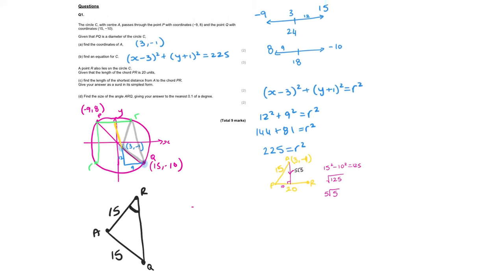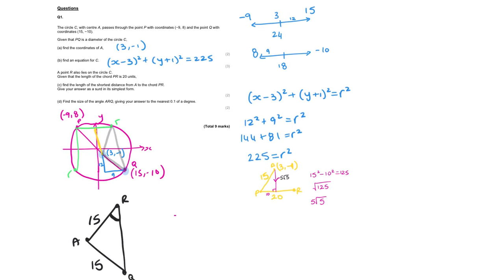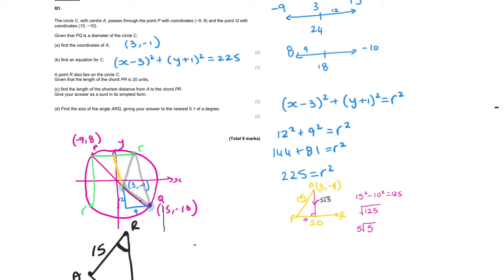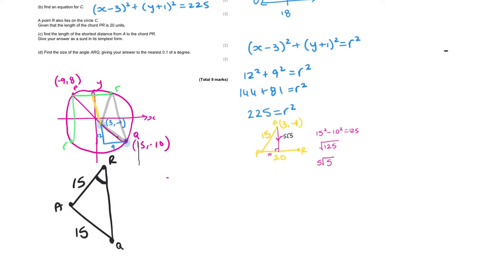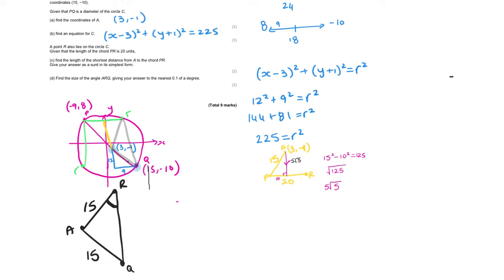Okay. Now, how are we going to find this angle? To use the cosine rule to find the angle, I need to find the length RQ. I can find RQ because P, Q, and R will form a right angle, and that's because PQ is a diameter.